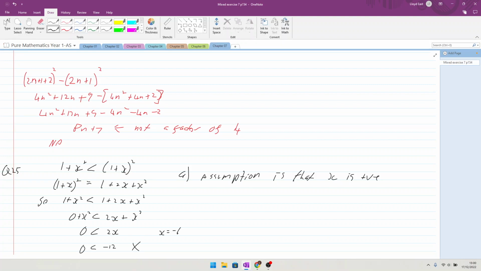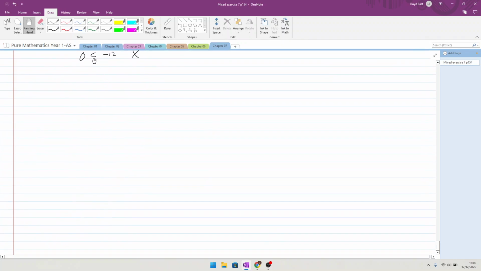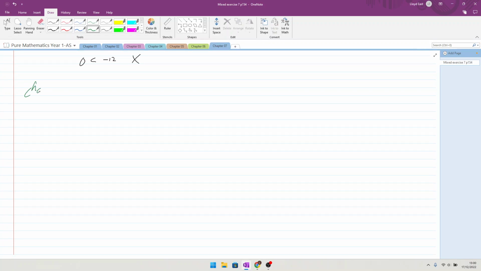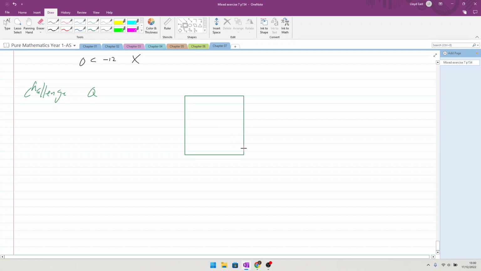Not a question, but a challenge now. So it looks like we're going to go and prove pi by the looks of it. Challenge question. So the diagram shows 2 squares and a circle. It looks something like this. There's 1 square like that.